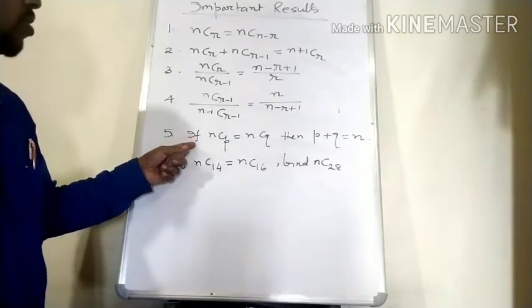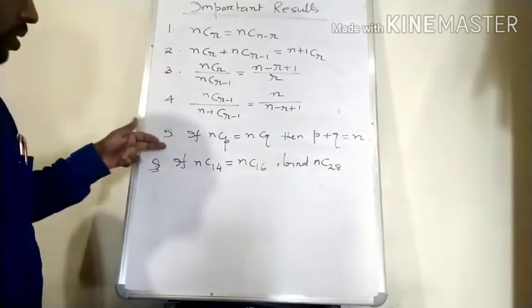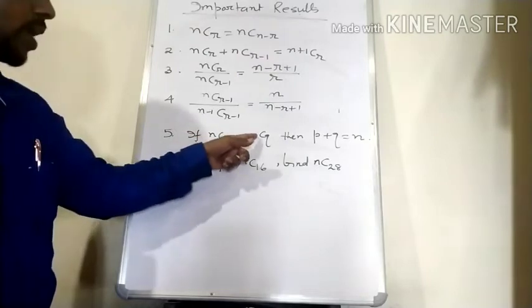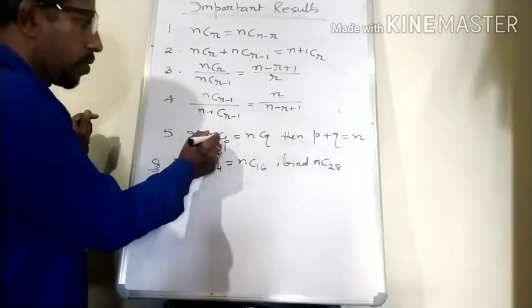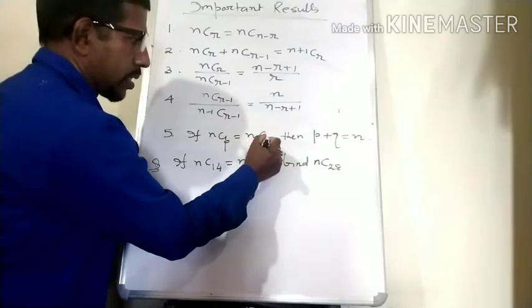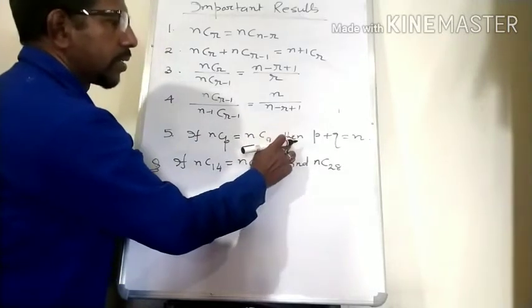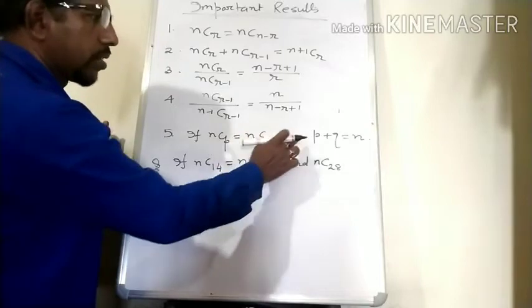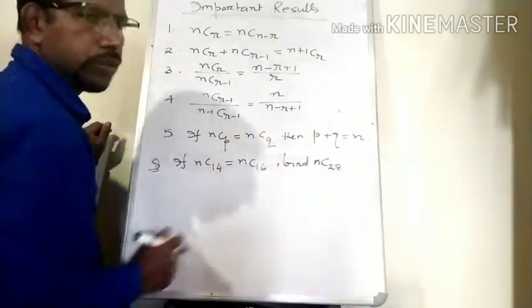You have to note down these 5 important results. The last result: if nCp equal to nCq, then either p equal to q, or p plus q equal to n.